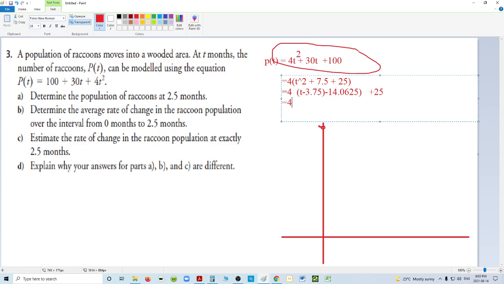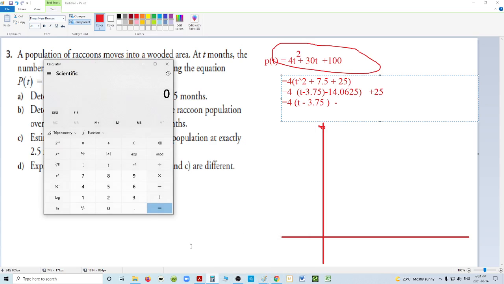So that means I'm left with 4 times (t minus 3.75) squared minus 3.75 times itself times 4, negative 4, really.